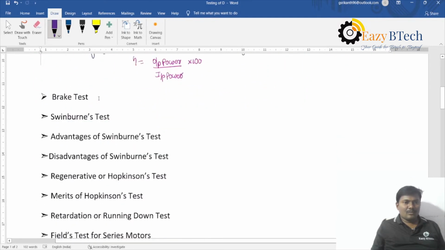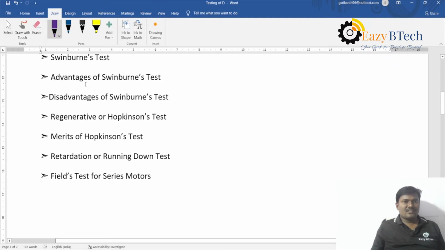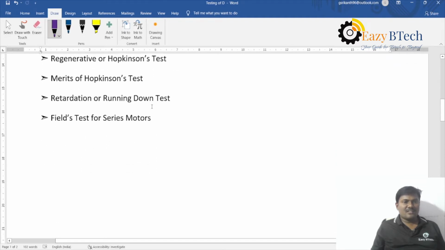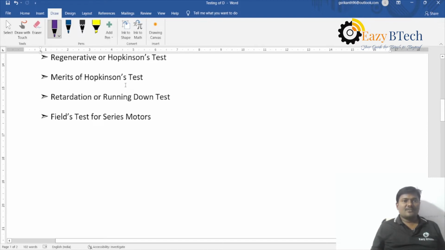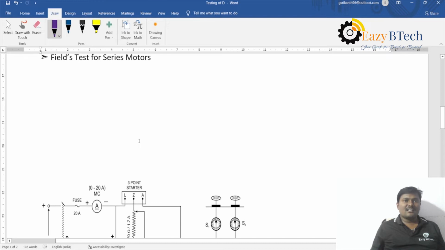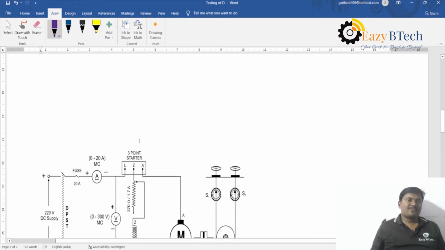So we'll go one by one: brake test, Swinburne's test, its advantages and disadvantages, and the regenerative test. Hopkinson's test is also called the regenerative test, with its merits. Then the retardation test, running down test, and field test for series motors.